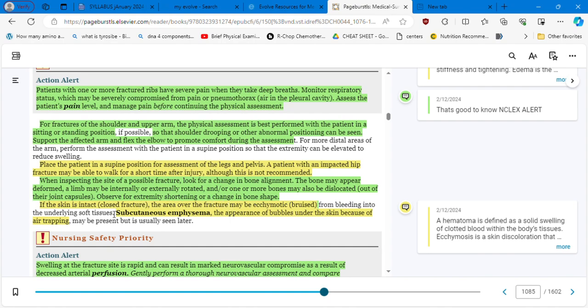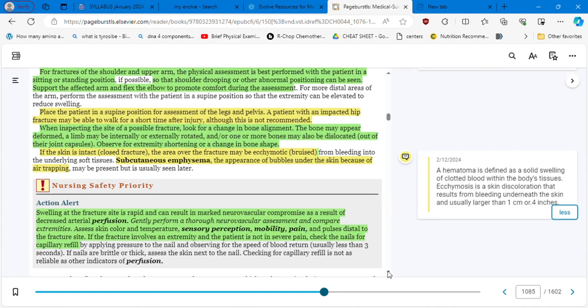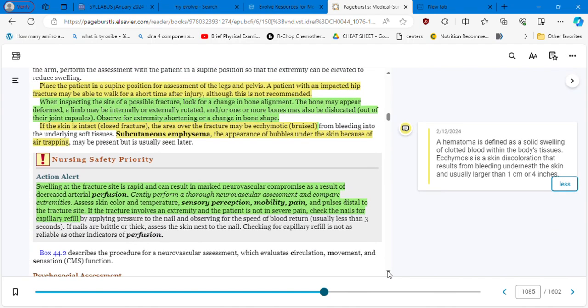If the skin is intact, we know it's a closed fracture. The area of the fracture may be ecchymotic, bruised. I also include, because we need to be precise on the definition, the difference between hematoma and ecchymosis.